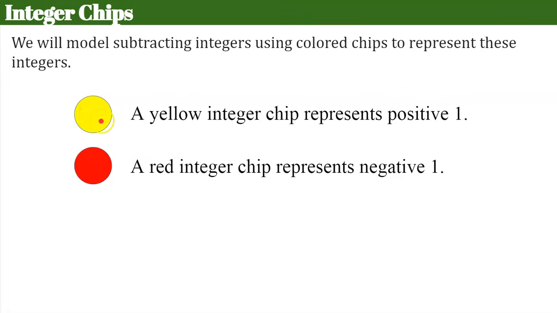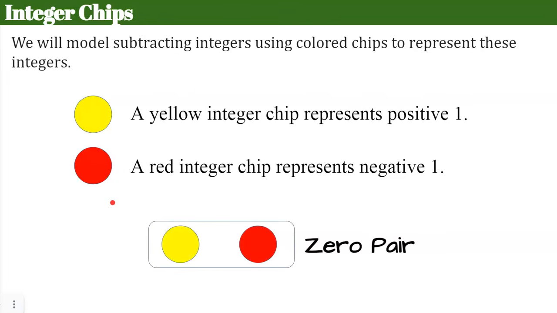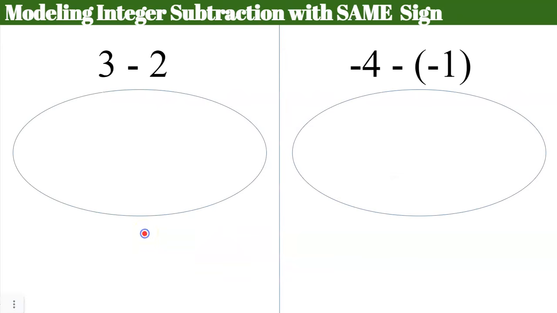So we have a positive 1 and a negative 1, and that represents a 0 pair, because positive 1 and negative 1 are opposites or additive inverses, and together, when added, equal 0. So when you combine a yellow and a red integer chip, they're a 0 pair. This has a value of 0, which becomes very important when we are subtracting.